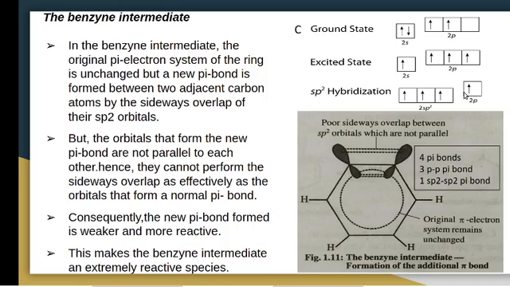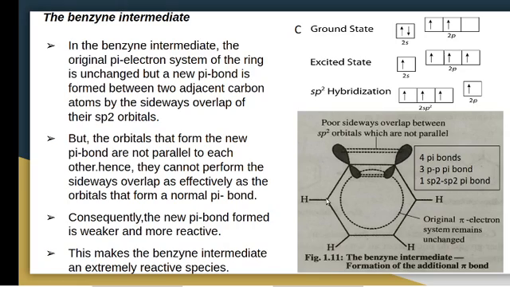Then one unhybridized orbital is there with an electron. So in the case of benzene, one carbon atom has 3 sp2 hybridized orbitals.